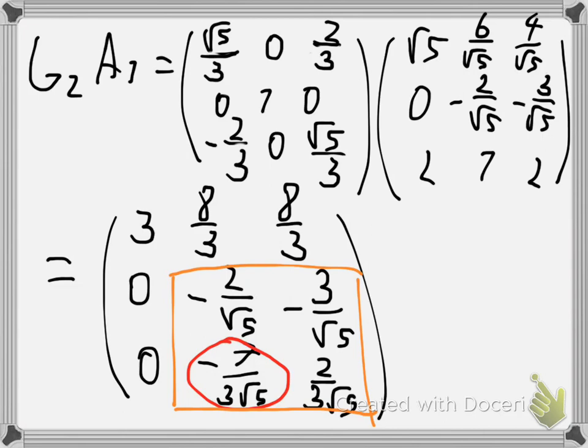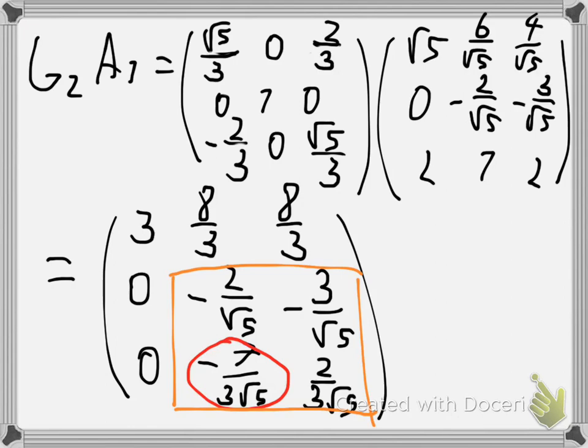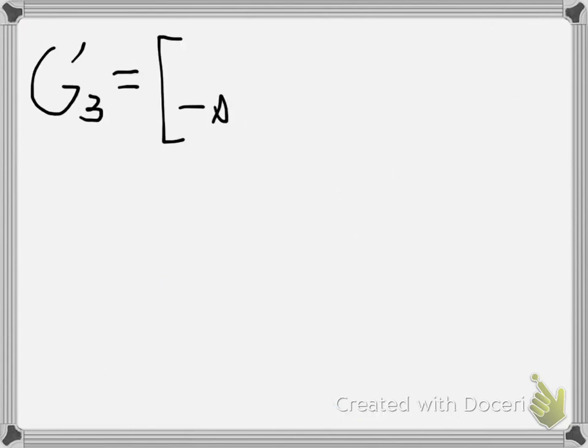And so if you only consider this 2 by 2 submatrix, our third Givens rotation, let's call it J3 prime because it will be 2 by 2, will be given by negative sine, cosine, cosine, and sine.